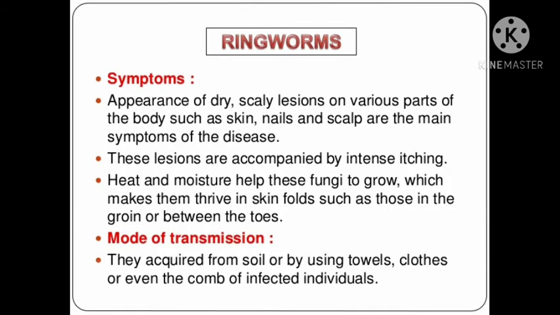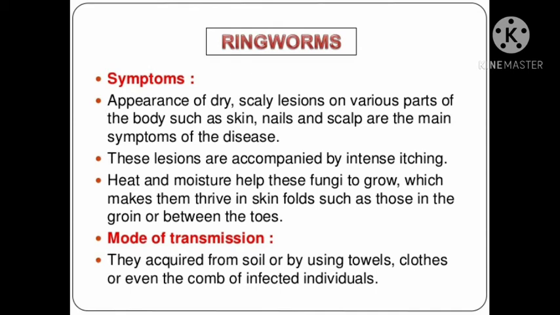Since the pathogen affects the skin, the symptoms include the appearance of dry, scaly lesions on various parts of the body, mostly skin, nails and scalp, that is the head region. Also redness, a slight amount of swelling and a lot of itching accompany this disease.